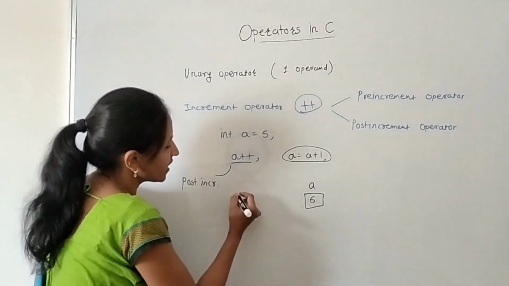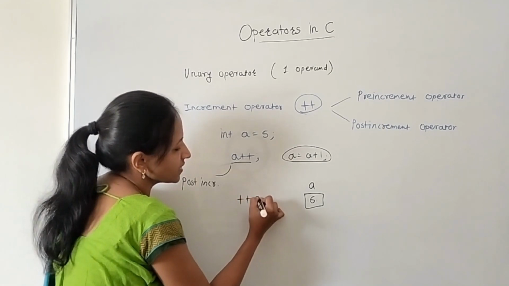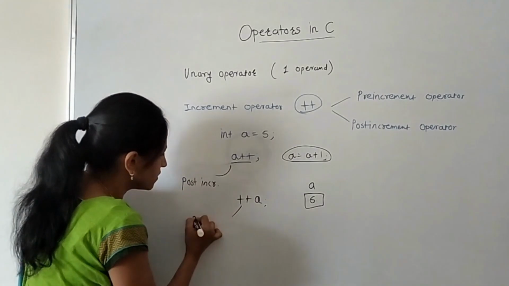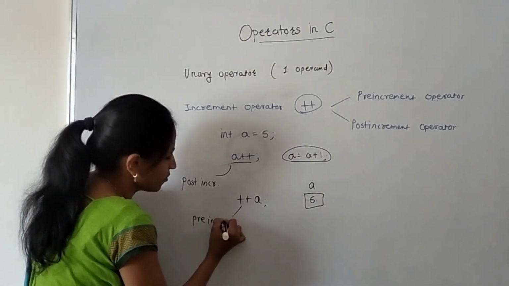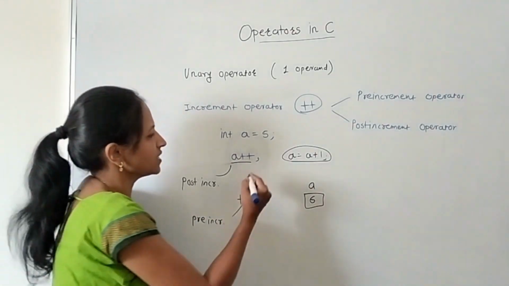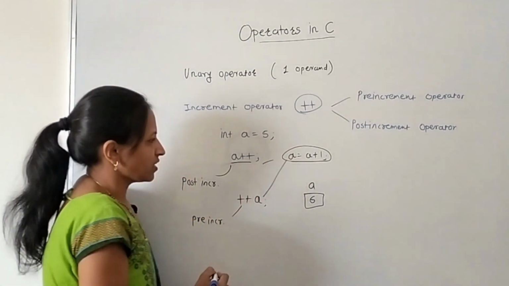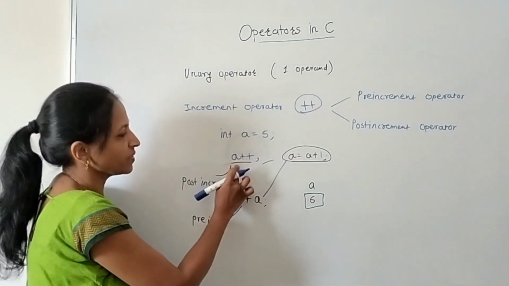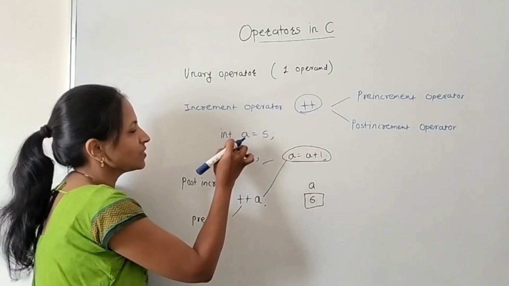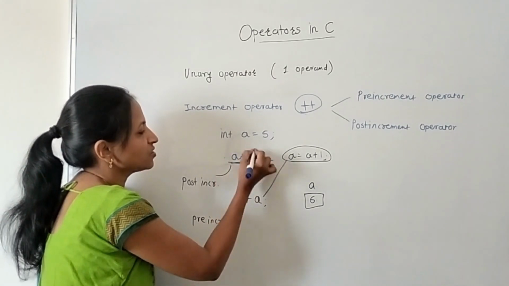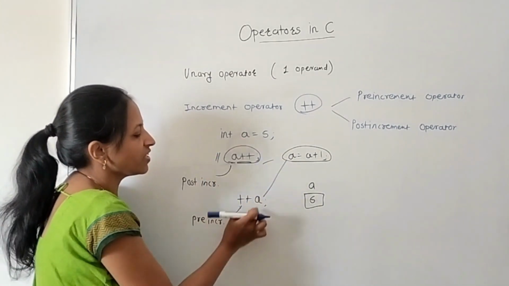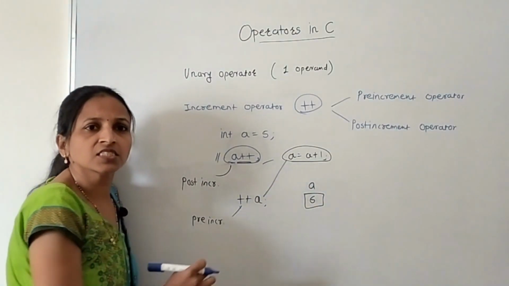And if we write plus plus a, which is also allowed, this is called the pre-increment operator. In both cases the meaning is the same, that is a equals a plus 1. After this statement, the value of a will become 6, and with the other form, again the value of a will become 6.